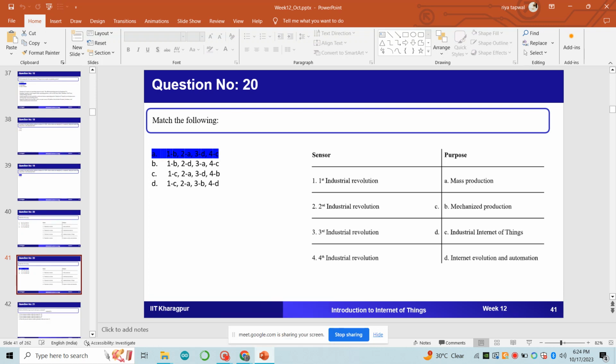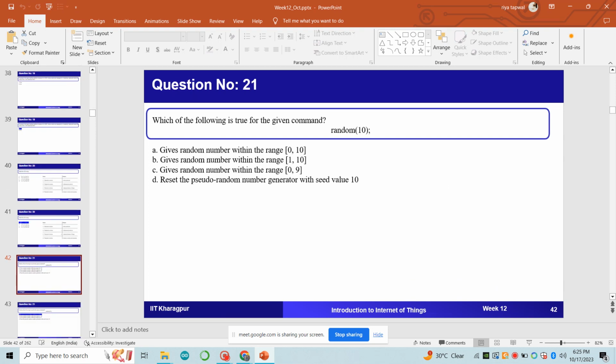So basically 1B means the first industrial revolution means mechanized production. After that, once mechanized production starts, then using this you can do mass production. So during your second revolution, mass production started. After that your internet evolution and automation take place, which is your third industrial revolution, and in the fourth industrial revolution your industrial internet of things came into picture. So the correct option for this is A.